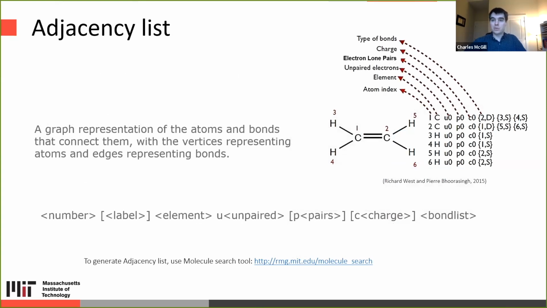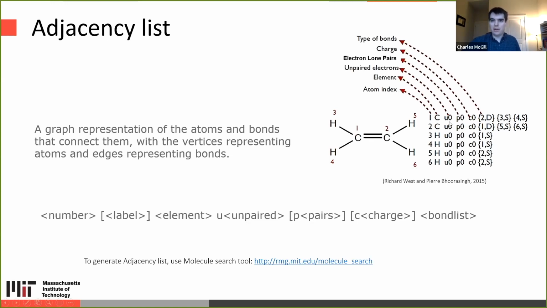All right, the next representation we have here is the adjacency list. We have shown here, for an example, ethylene and an adjacency list block. The different columns in the adjacency list are providing you with different bits of information. The first column is the atom index, here going 1 through 6. The second one is the element name, carbon and hydrogen here, but any atomic symbol that's supported by RMG can be used there.